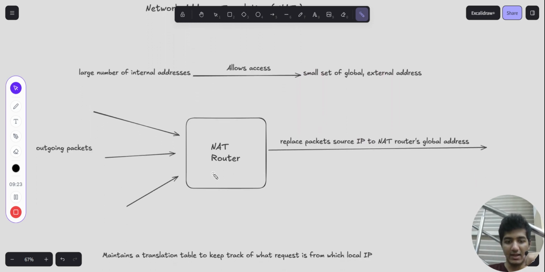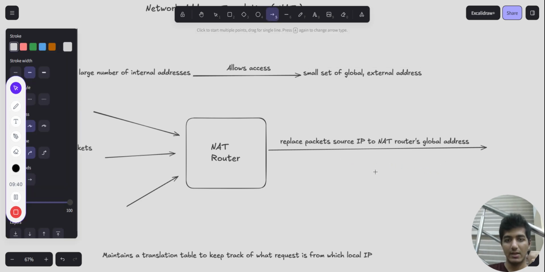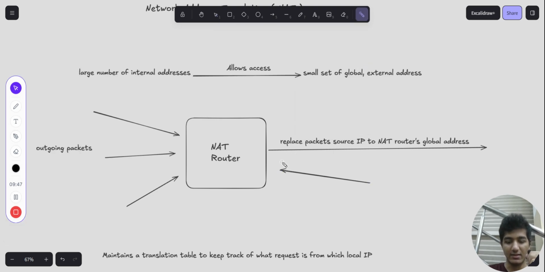For this we use a NAT router. Any request that goes outside to the internet is routed through this router, and the local IP address is replaced by the global address. The return packet also comes back to this router, which then replaces the return IP with the local IP of the local host.